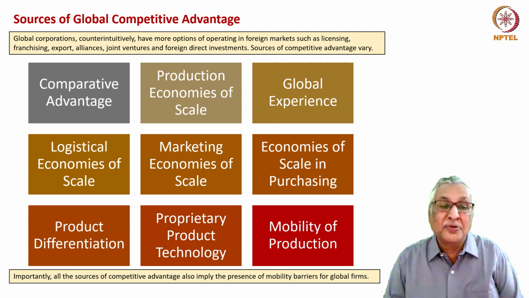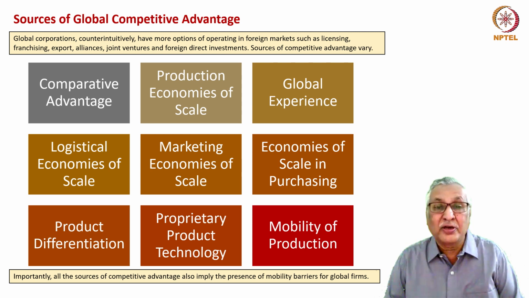On a technological basis, there would be product differentiation because the inputs from different global operating conditions can make a product better. There would be proprietary product technology, again embellished by local intellectual property developments. There will be mobility of production depending upon where the factor advantages exist.